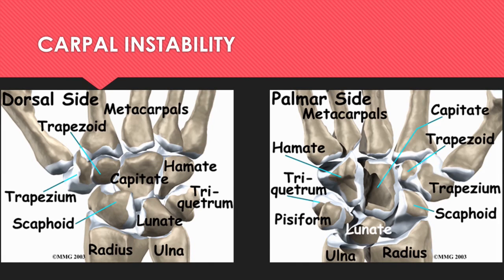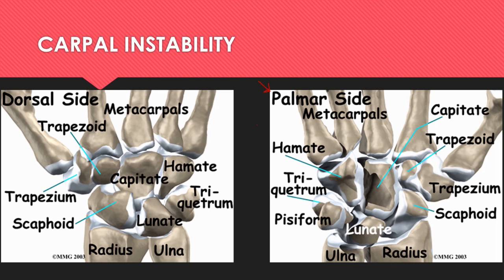So to help our understanding of these dissociative and non-dissociative patterns of carpal instability, let's just take a quick pit stop and refresh our memory on some of the anatomy involved. So here on the left in this picture, we have the dorsal surface of the right hand, and then over here on the right side of our photo, we have the volar surface also of the right hand.